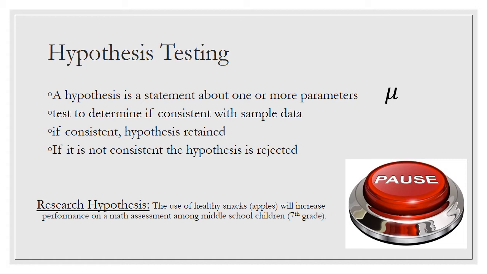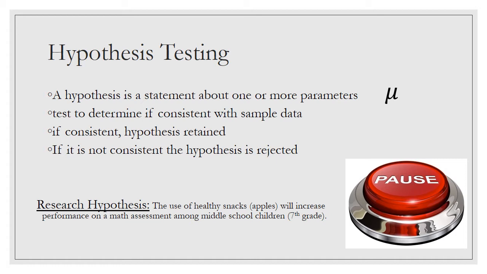However, if there's a big difference, and we're just going to use big difference here in general, and we'll talk more about significance testing in a moment. If there's a large difference between those two groups, then we say that my hypothesis is consistent with the outcome of my data. So I can make a claim to retain my hypothesis.